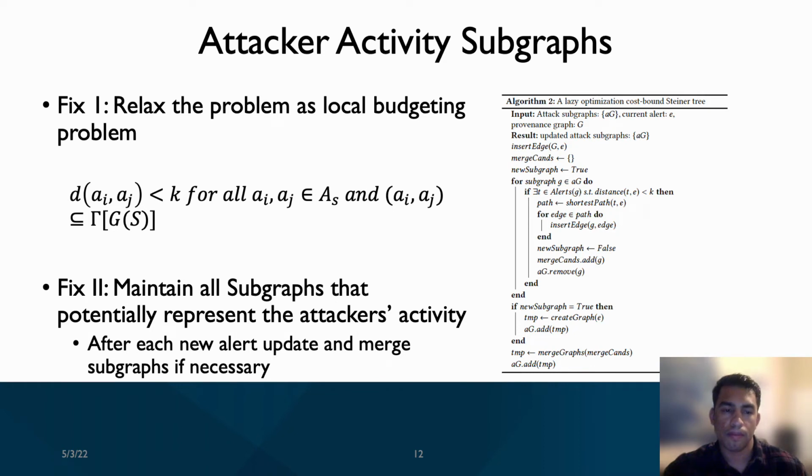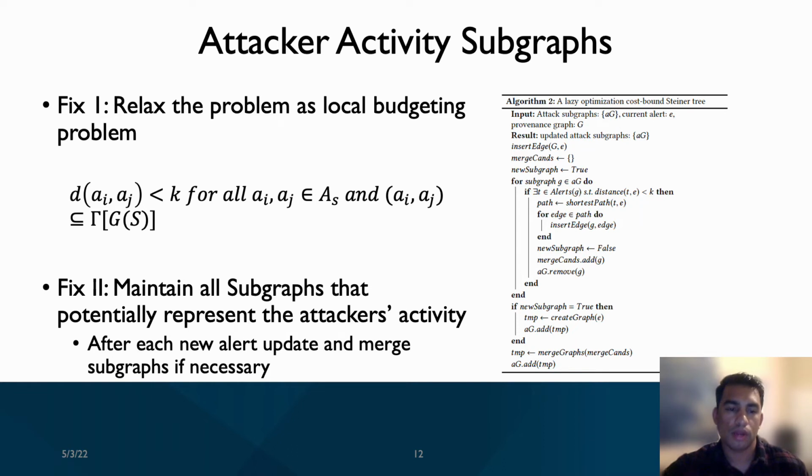So instead of maximizing the price and minimizing the distance, we keep track of the price and make sure the distance between adjacent alerts in the tree does not exceed a local distance threshold k. So if you have n alerts in a given Steiner tree, then the total cost bound for a given subgraph will be n times k. And the second is, instead of just finding the best subgraph, we maintain all the subgraphs that could potentially represent the attacker's activity.